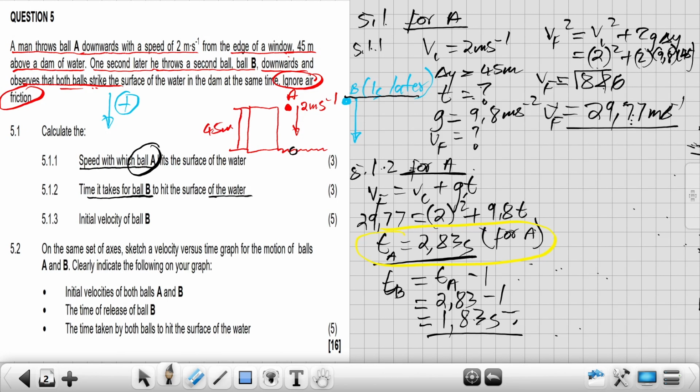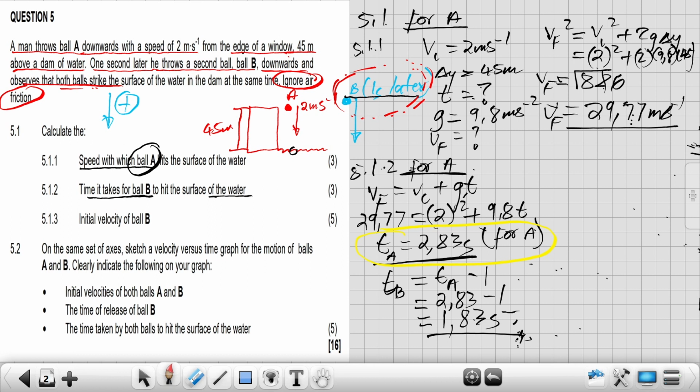So this is my final answer. And I have used the common information, or the common factor, between A and B. But if I was not able to understand this information that is given here, that it was thrown 1 second later, it would give me a challenge or a problem for that matter.